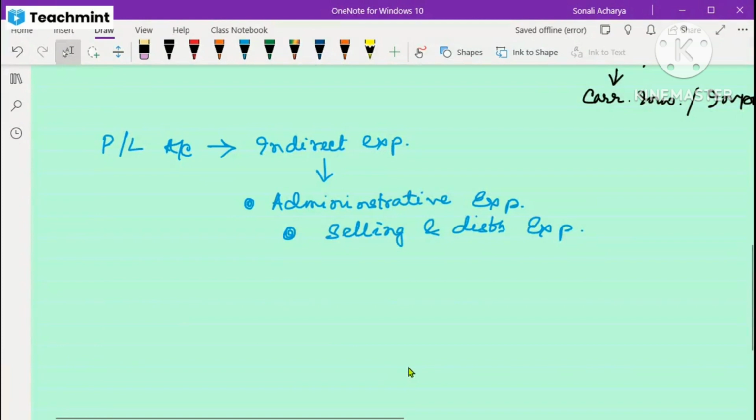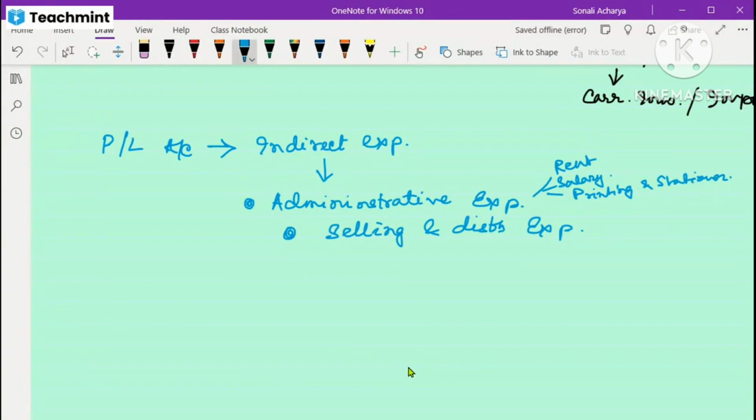What are the administrative expenses? Suppose rent, salary, printing, stationery. These are the types of administrative expenses.